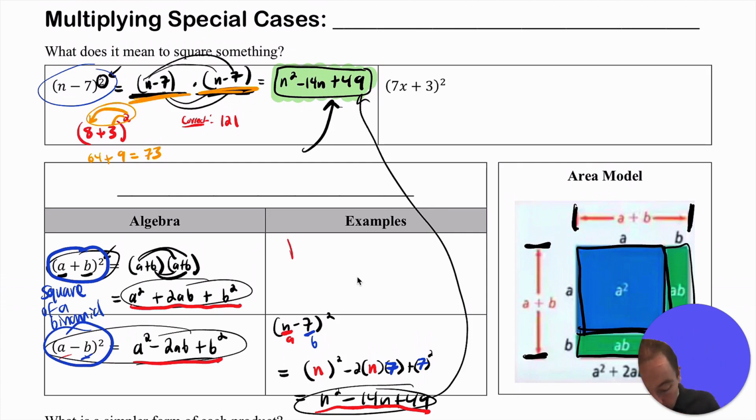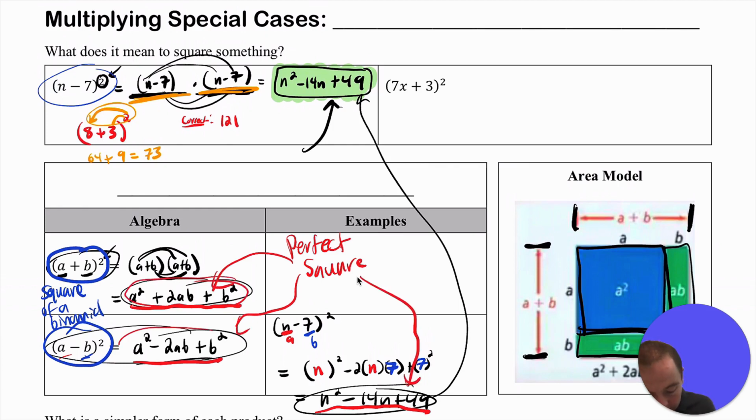So the things that I underlined in red right there, we refer to as perfect squares. You really want to get used to understanding this structure of an expression as being the structure of a trinomial perfect square. Trinomial because it has 3 terms. That's going to be really important as we continue throughout algebra, because we're going to be dealing with lots of special case things later on that deal with perfect square trinomials.